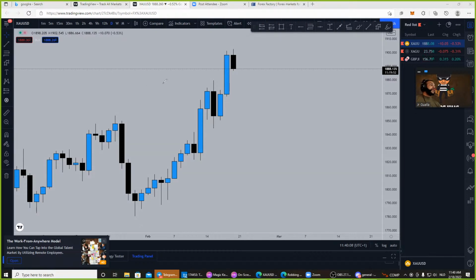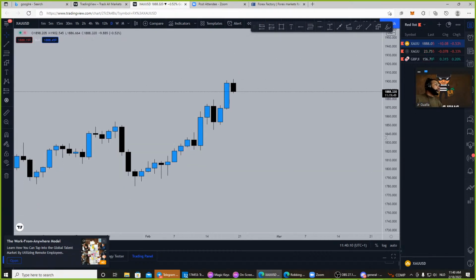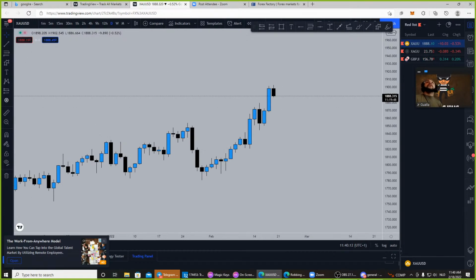Let me pull out my annotating tool. So say the daily closes bearish. Let me make sure we have a nice color. Okay, it's blue. Right, closes bearish. Right, great support. Or we create resistance. Sorry.